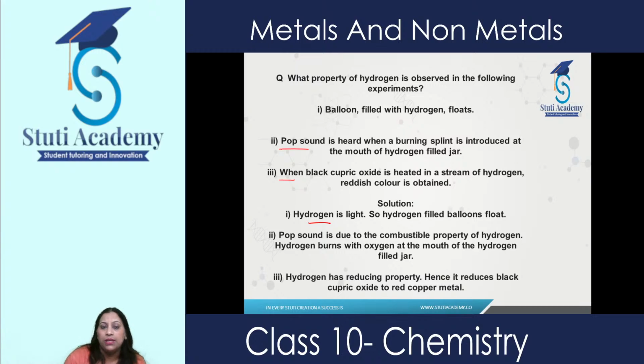And third one is, when black cupric oxide is heated in a stream of hydrogen, reddish color is obtained. Hydrogen has a reducing property, so it reduces the black cupric oxide to red copper metal. So these properties of hydrogen gas are observed when the following experiment takes place.